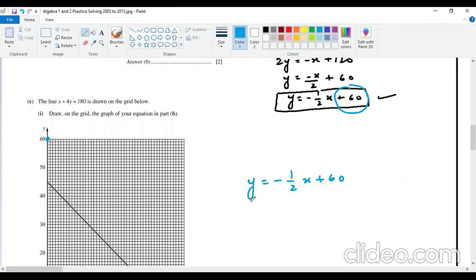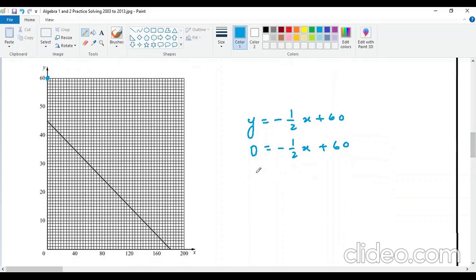If y equals 0, negative 1 over 2x plus 60, I will take 60 to the other side. It becomes negative 60 equals negative 1 over 2x. The negatives cancel, and 2 goes to the other side and multiplies. So x equals 120.